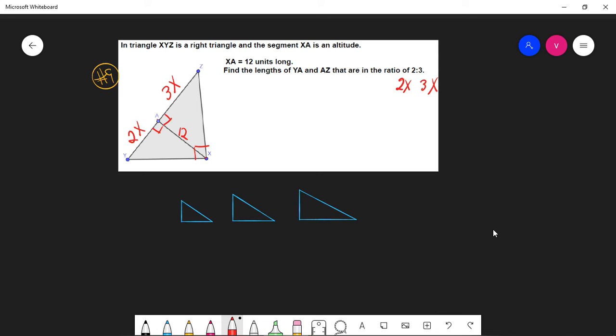Okay. So now they want you to find the lengths of YA and AZ. That's what they want you to find. So you need to just find X there. Okay, so if we set up our triangles, we have the small, the medium, and the large. Let's do the small one.